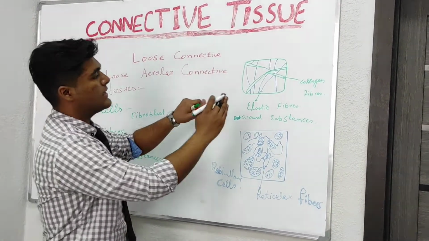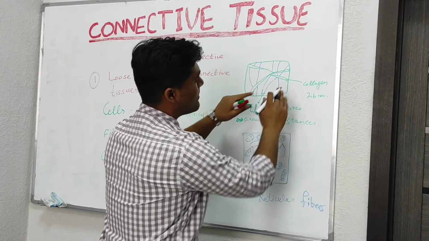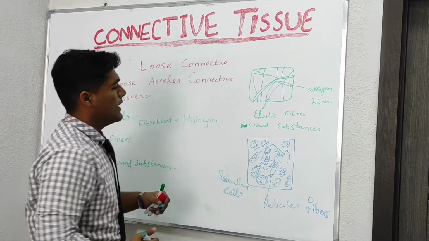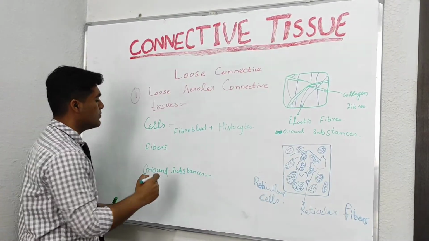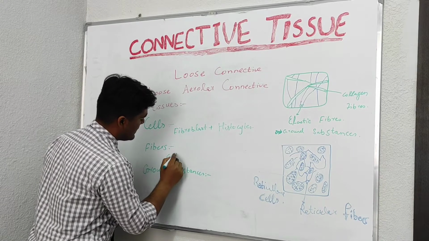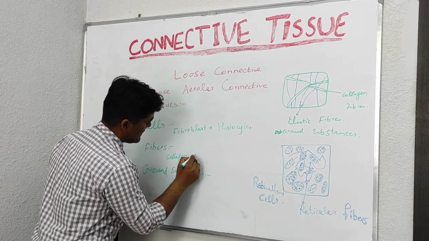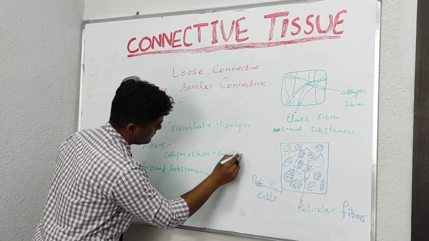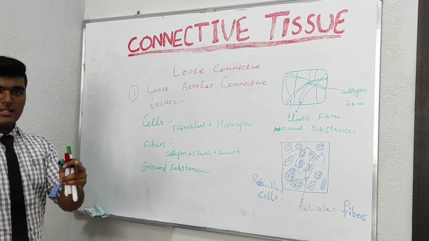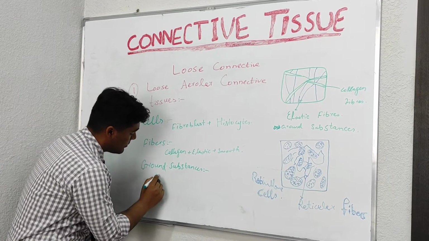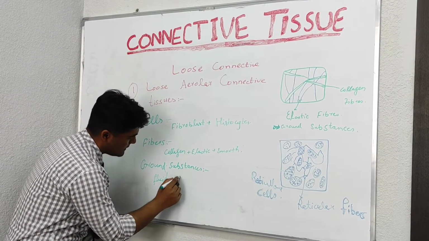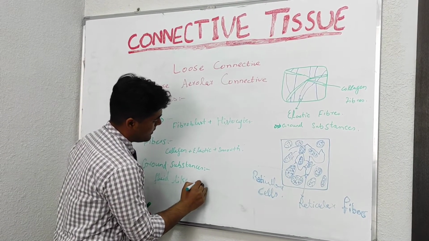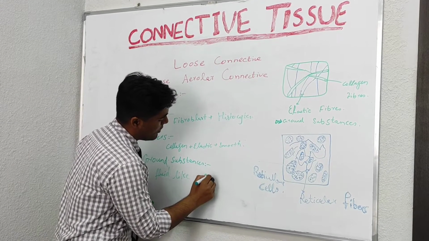And fibers we are seeing in this diagram. Collagen fiber is present in the majority, and elastic fiber is present as well: collagen plus elastic plus smooth. Ground substance is basically fluid-like and does not occupy much space.